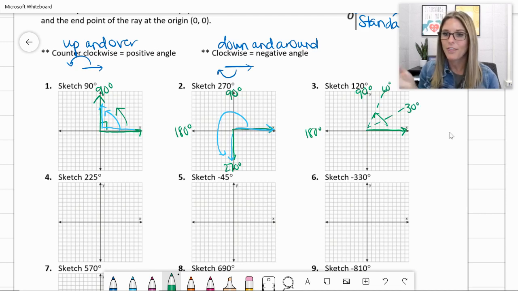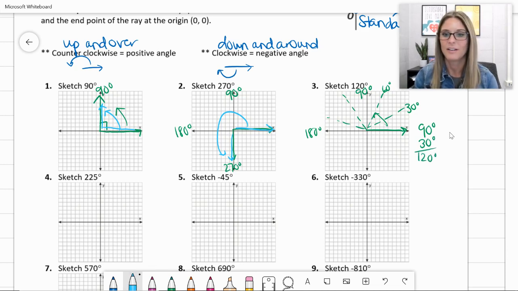So every third of the way through our quadrant is 30 degrees. So if I take 90 and I add 30, so let me go another third of the way through this quadrant here, adding that 30 degrees, that will get me to 120. 90 degrees plus 30 equals 120.